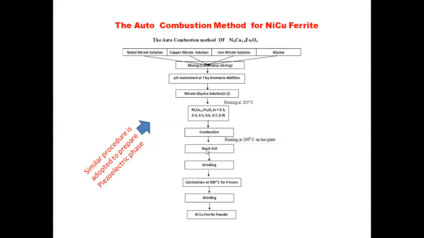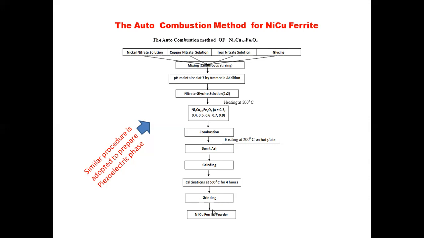So here you are getting the burnt ash after combustion, and when this burnt ash cools down, you have to pour everything into the agate mortar and grind it, and you get a very fine powder. This fine powder can be calcined at 500 degrees centigrade for just 4 hours, and once again ground, and here you are getting nickel copper ferrite powder in the nanoscale.